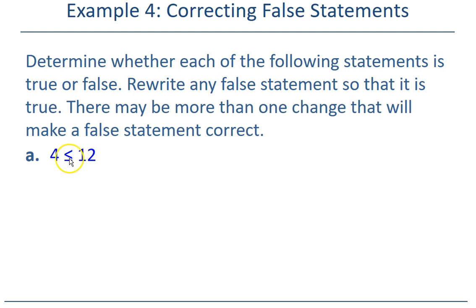Now, when we have the equal sign, which is the little dash underneath, in this occasion, only one part of this needs to be true for this statement to be true. 4 is less than 12, so therefore it is true.